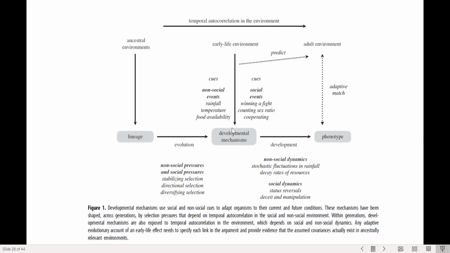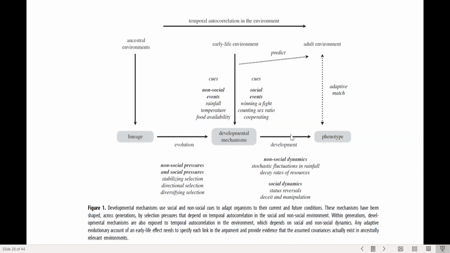Right. So the important idea here is that evolution set certain parameters, and then these parameters, these developmental trajectories according to life history, are being activated by cues in our environment, which then lead to a specific behavioral adaptation, and to the extent that that early life environment is predictive of the adult life environment, so therefore there's relatively little change over the lifetime of an individual, it becomes then more adaptive or not.